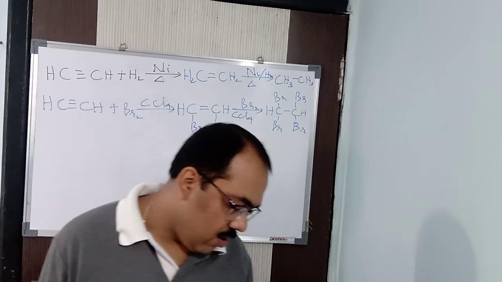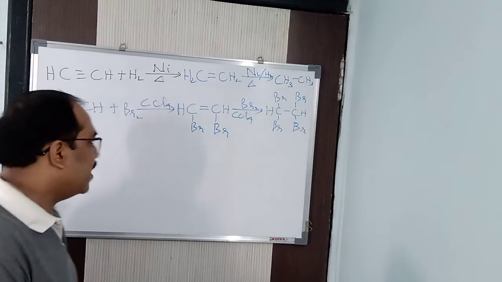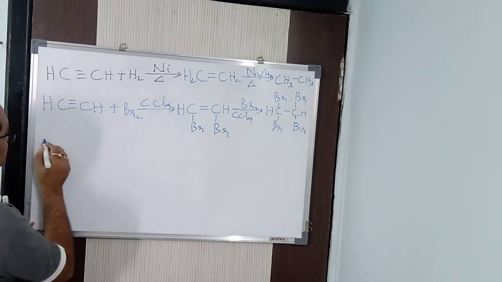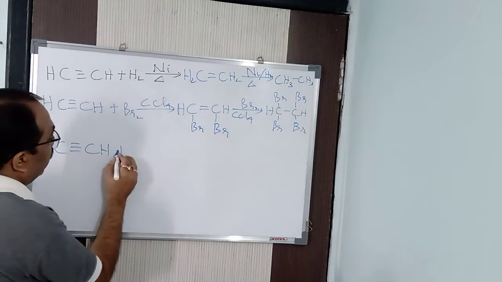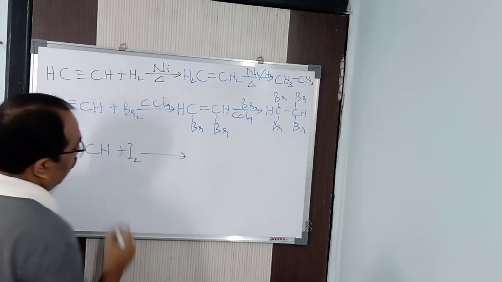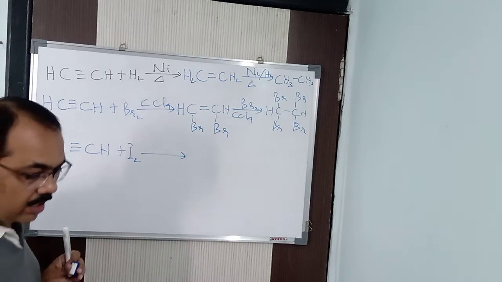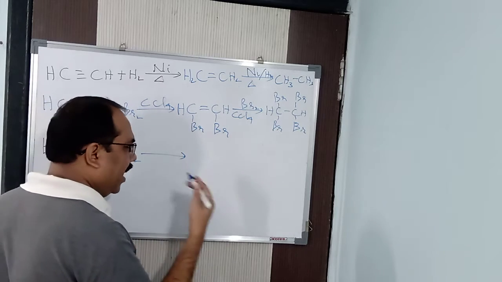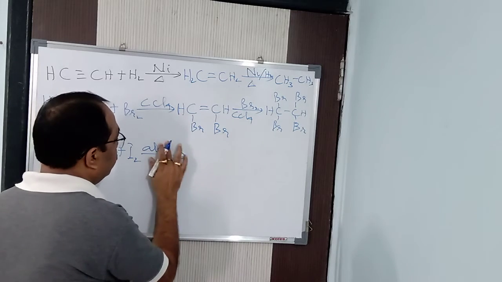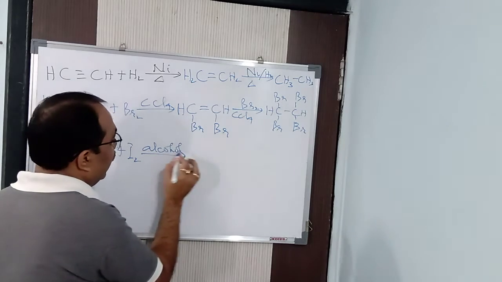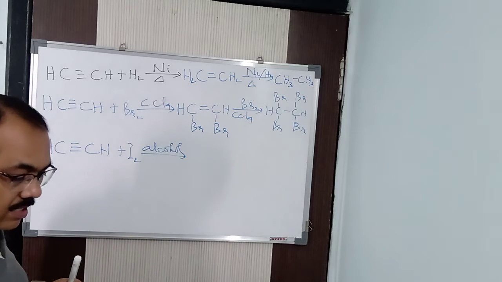Now next, if the reaction is taking place with iodine, HC triple bond CH plus I2, in the presence of CCl4 or any other inert solvent. I have said this to you also. Let us take another one, alcohol, like ethyl alcohol or methyl alcohol, which also acts as an inert solvent.